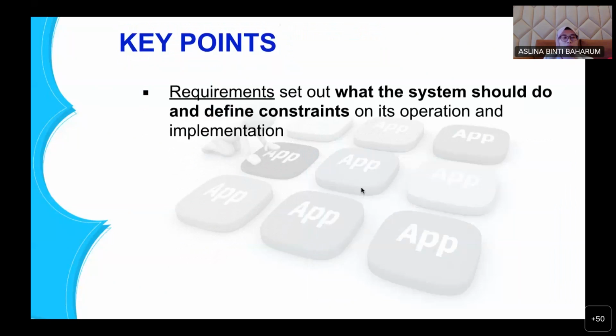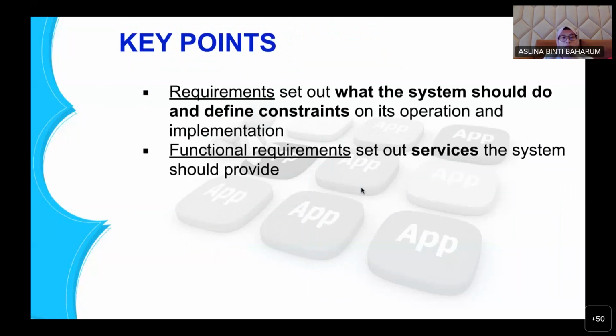All right. To summarize, requirement engineering part 1 is talking about requirements, which is what the system should do and defines the constraints. Requirements also include functional requirements, which set out the services the system should provide.